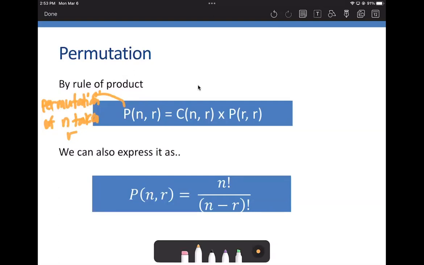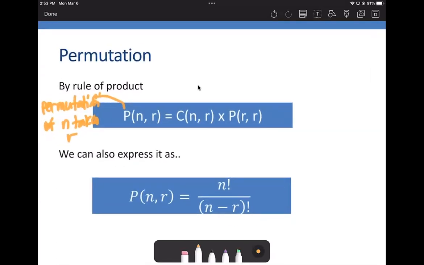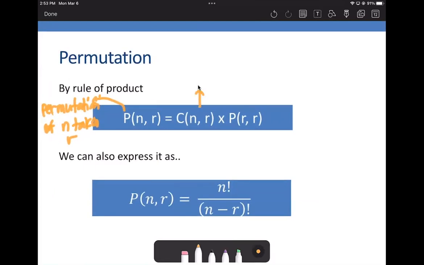So what does this mean? We mentioned earlier that the combination does not care about the order, right? We just have to select.